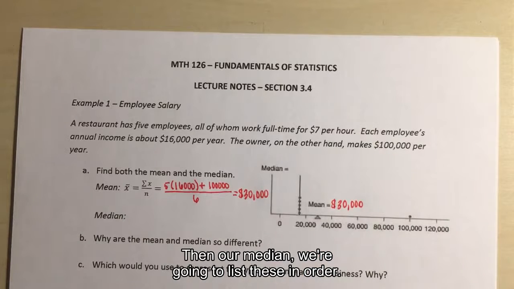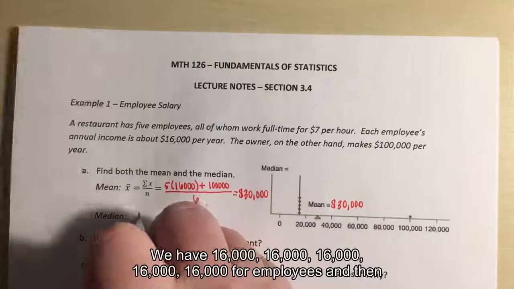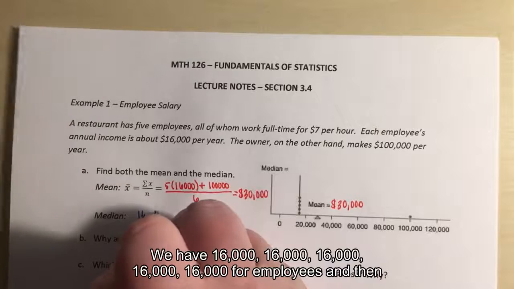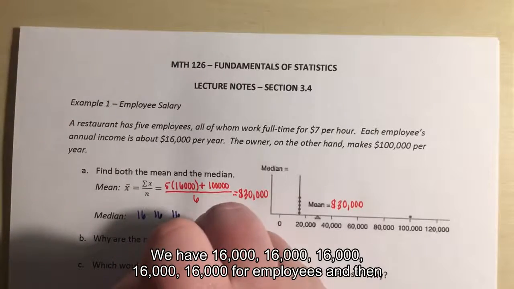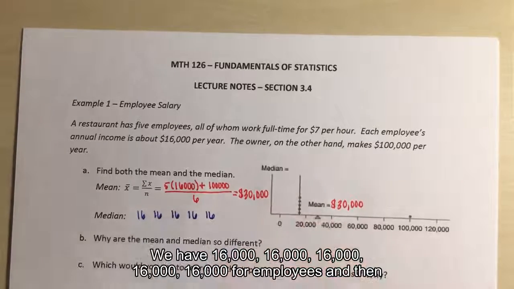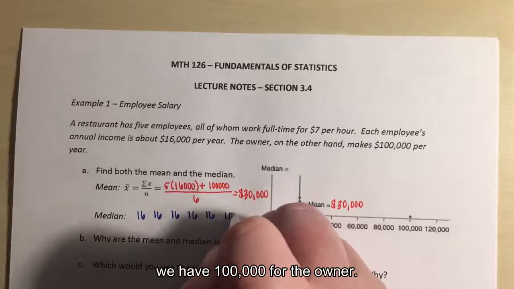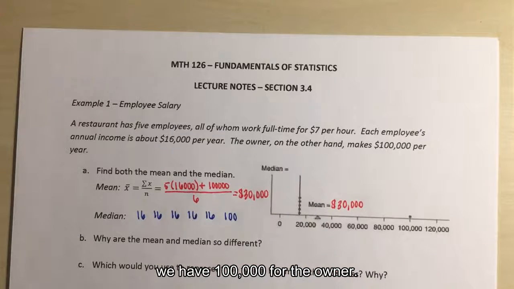And then our median, we're going to list these in order. I'm not going to put all the zeros in here just to make it a little bit easier. So we have 16,000, 16,000, 16,000, 16,000, 16,000 for the employees, and then we have 100,000 for the owner.